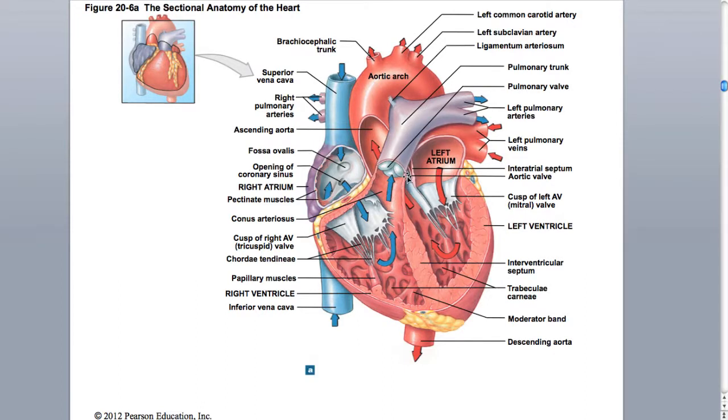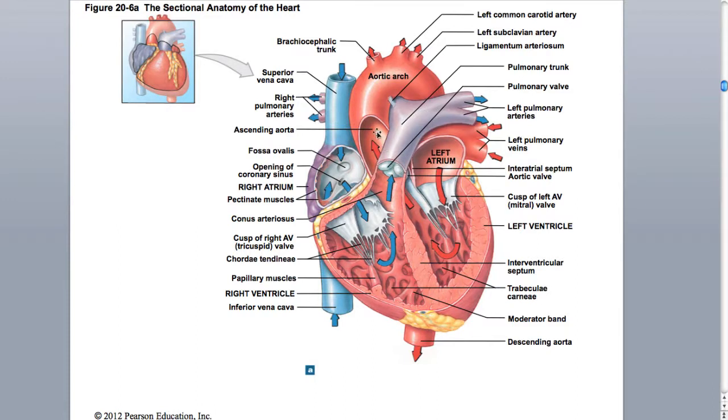Then once the blood is past the aortic valve, it ends up in the aorta. Now the heart's job is really just to get the blood out past this aortic valve. While the heart is resting in between beats, the blood is trying to regurgitate back into and past the aortic valve.